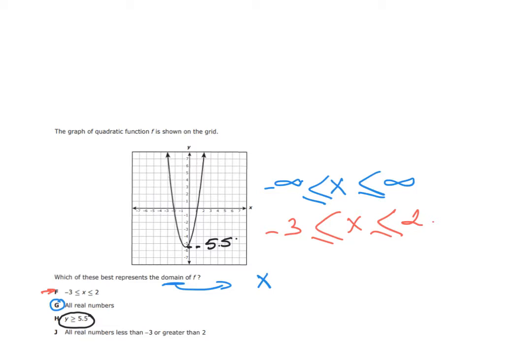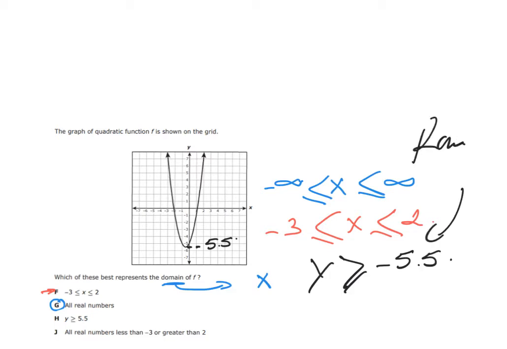So if I want to know the range, it's going to be y greater than or equal to negative 5.5. Even if they ask you about the range, H is not going to be the correct answer. So that's called the range right here.